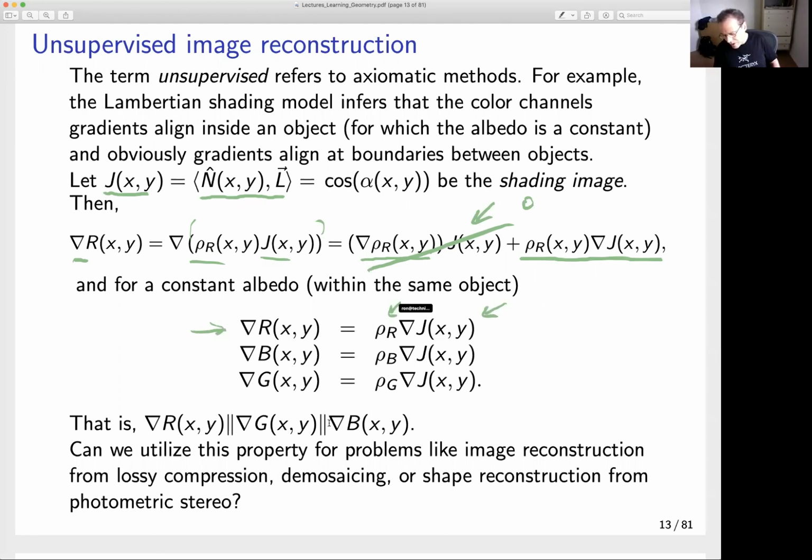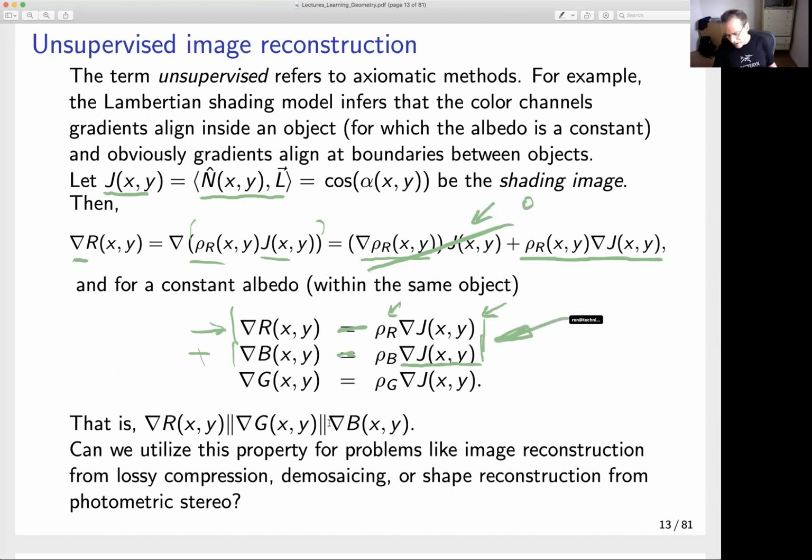So now if I'm using this as my optimization term, and I'm also reconstructing the shading image along the way, it appears that I can do some magic. If you remember the video that I showed you in the previous lecture, in which we are denoising the depth image by aligning the normal to some shading image, this is exactly the equation that we used.